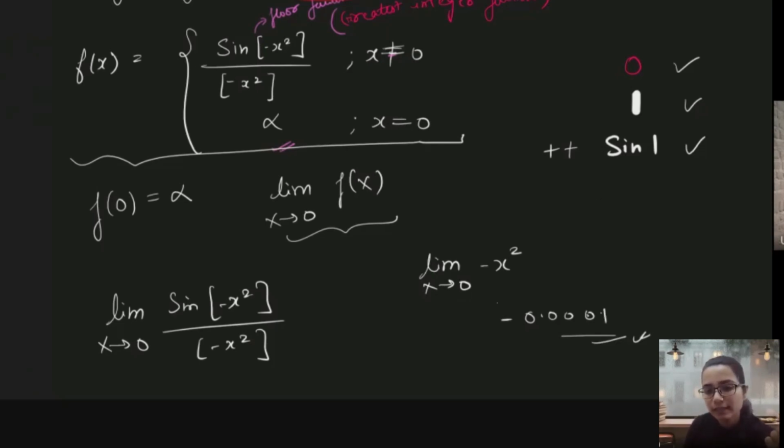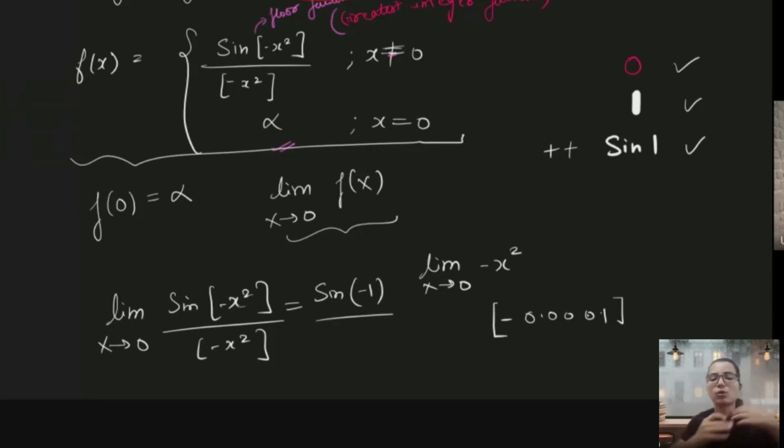If you take the greatest integer function of a very small negative value, will it be 0? No, it will be minus 1. So the numerator is going to be sine of minus 1, and the same for the denominator.